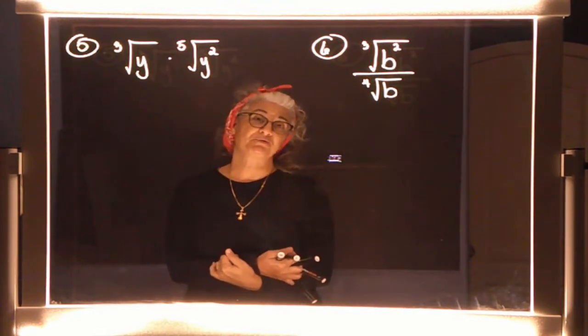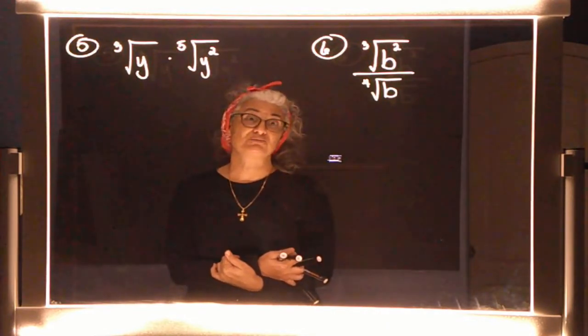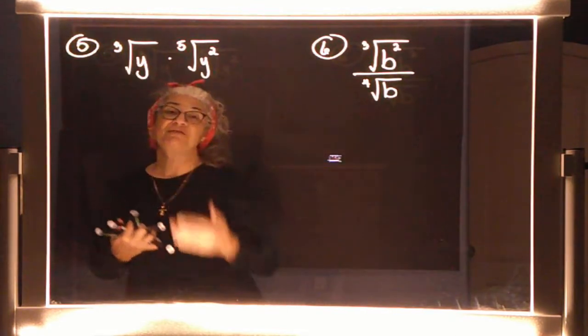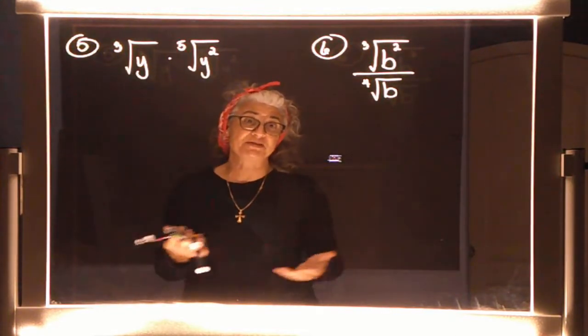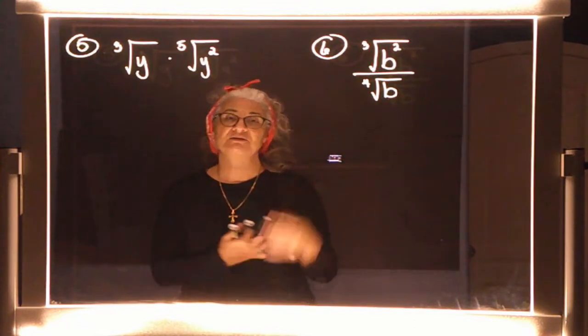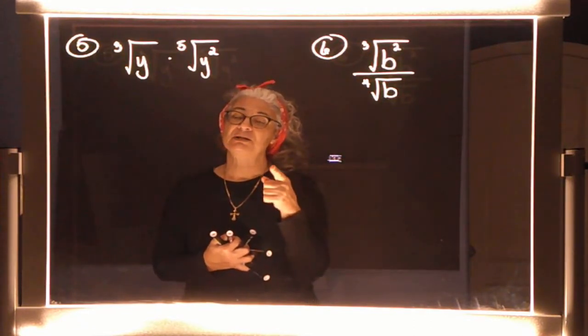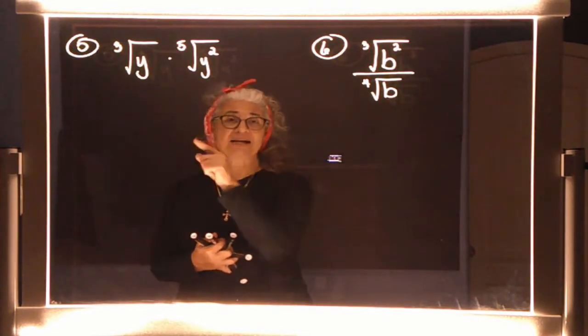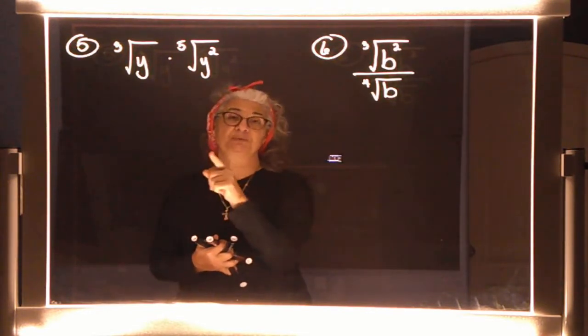Well, remember from the past, are you allowed to multiply radicals that do not have the same root? This is a cubed root, this is a 5th root. Can you multiply when they're not the same? No, you can't.